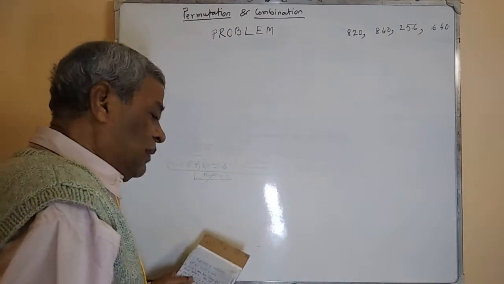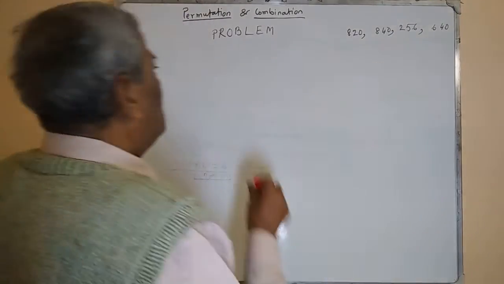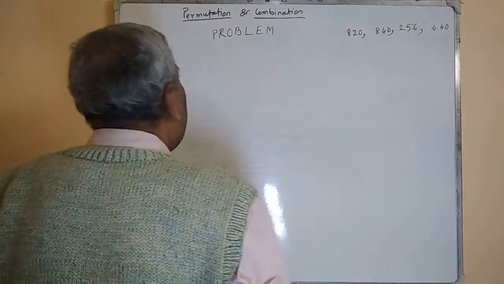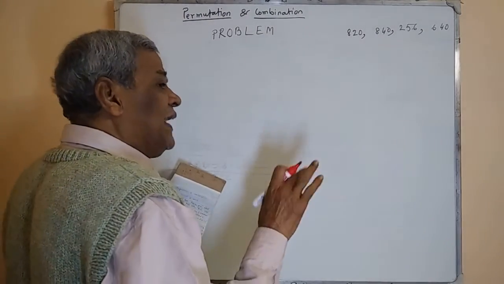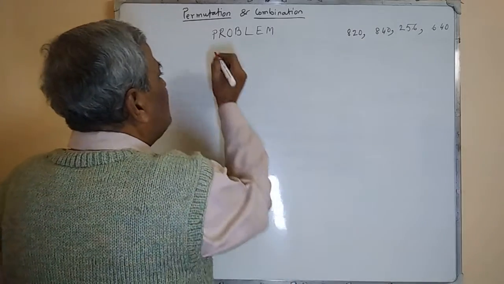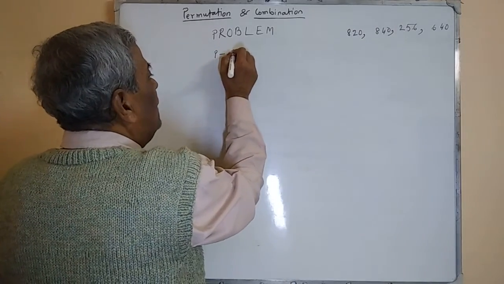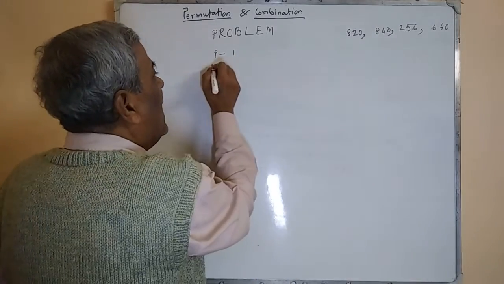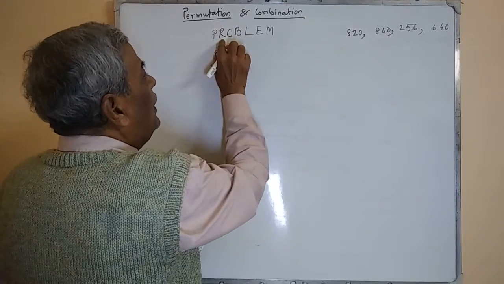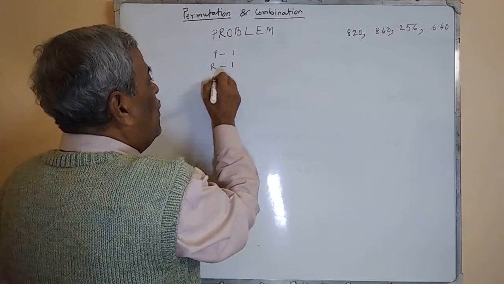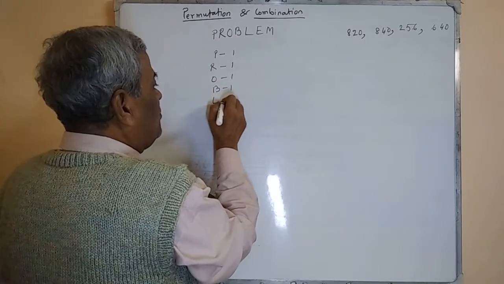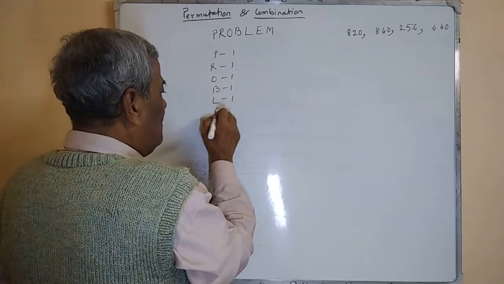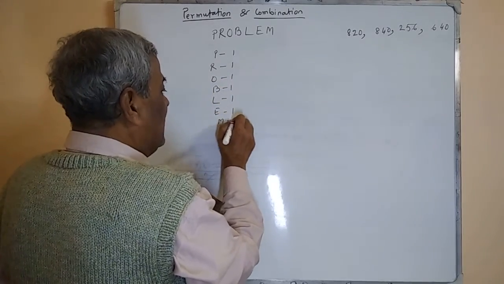Now let us see the number of repetition of objects, is there any or not. P occurs one time, R occurs only one time, O one time, B one time, E and M also one time.